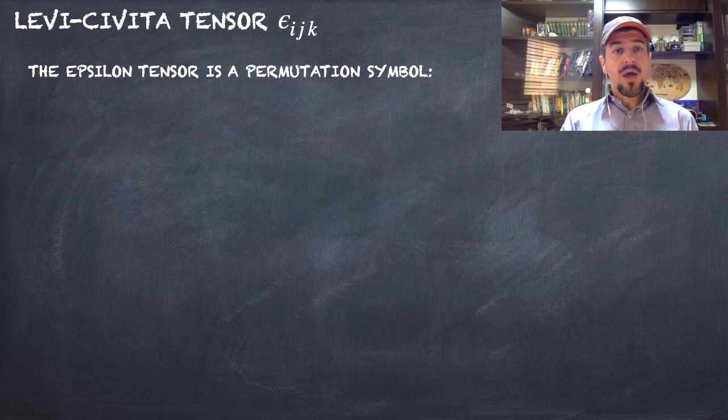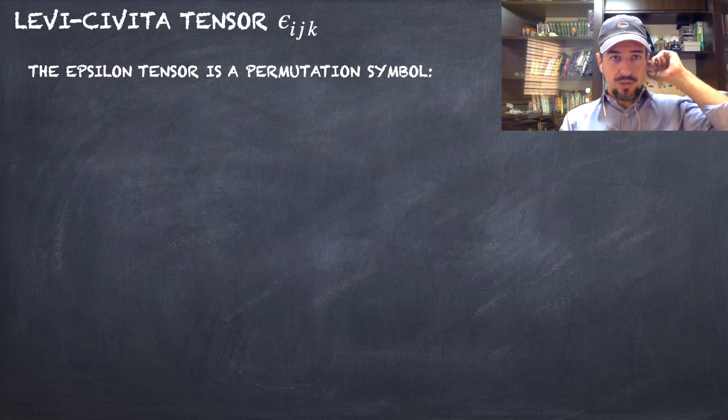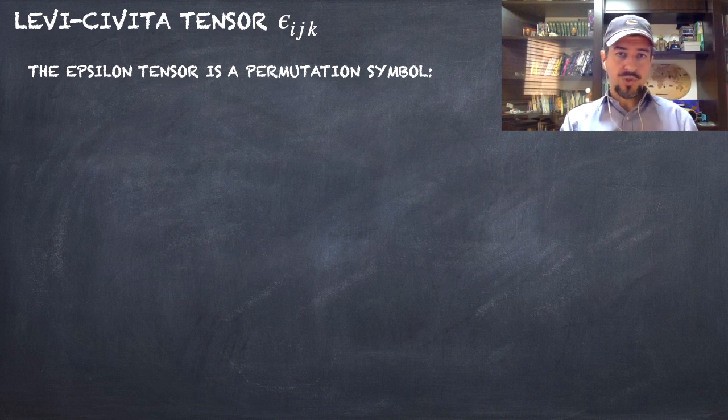Okay, now we are ready to discuss the Levi-Civita tensor, epsilon_ijk. This is also called the epsilon tensor, antisymmetric tensor, permutation symbol, or alternating symbol.